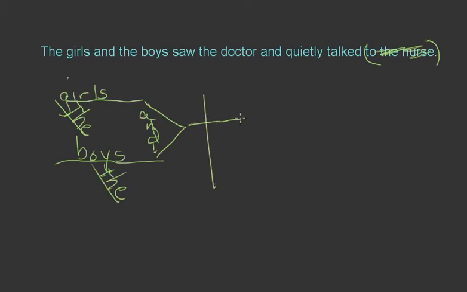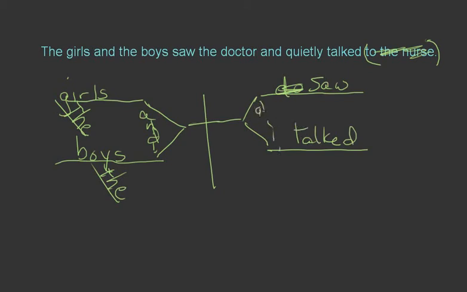Subject verb line. All right, now we have saw and talked. All right, I have an and here. And girls, boys saw whom or what?